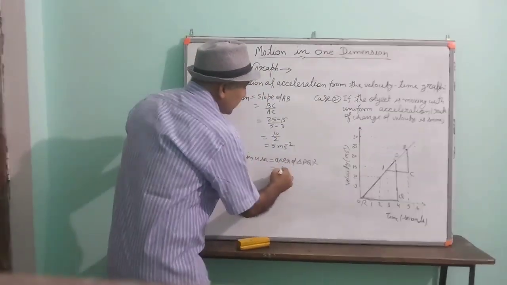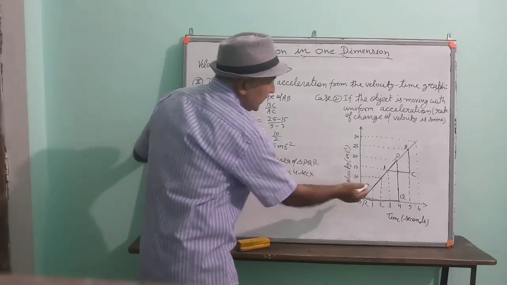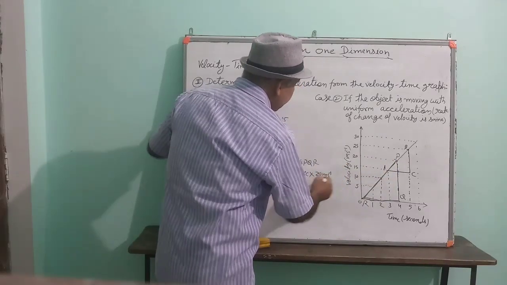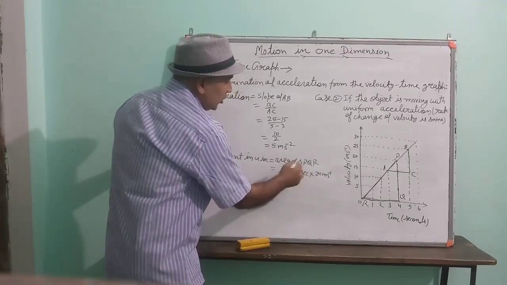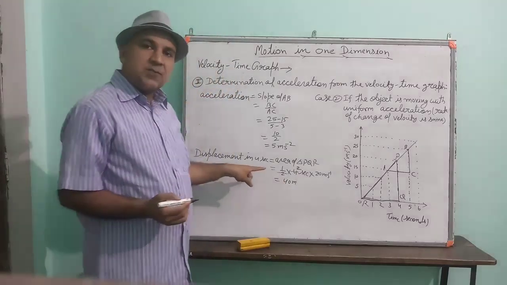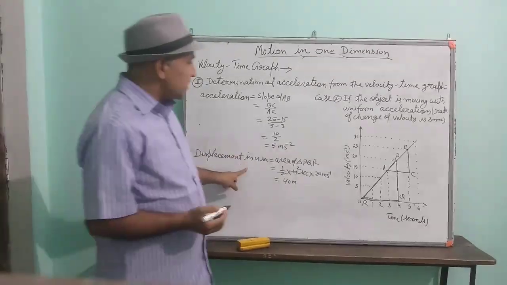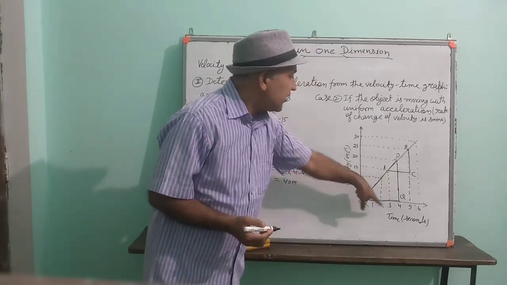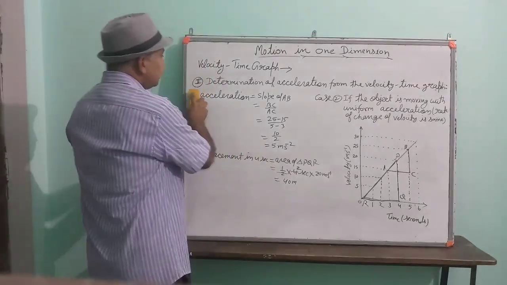The area of a triangle is half into base into height. Base is 4 seconds, height is PQ, which is equal to 20 meter per second. So half into 4 into 20 gives 40 meter. That means displacement in 4 seconds is 40 meter. Understood? Because the displacement is the area under the graph. Okay, now I am going to remove it.